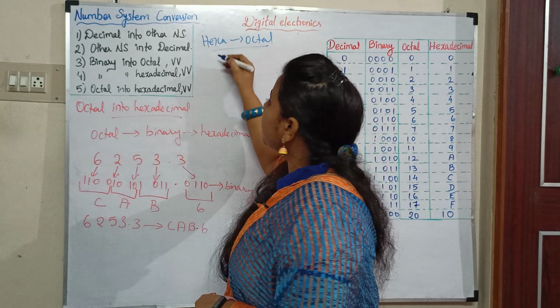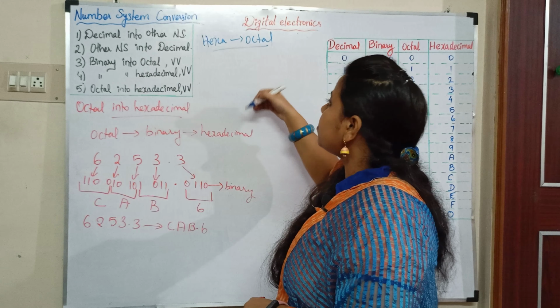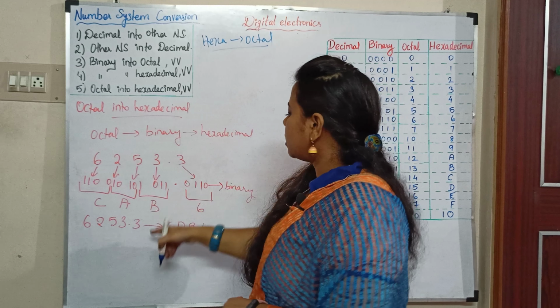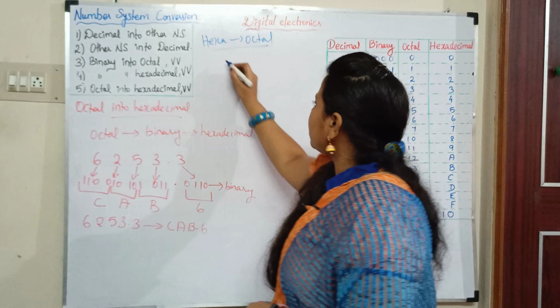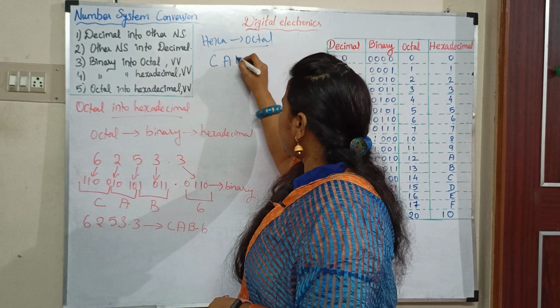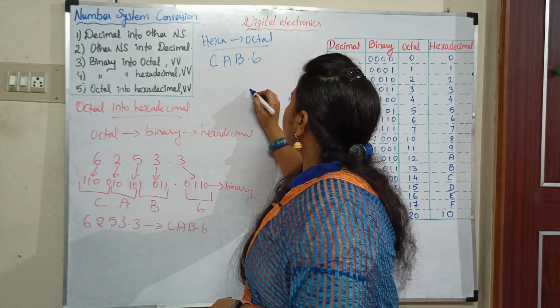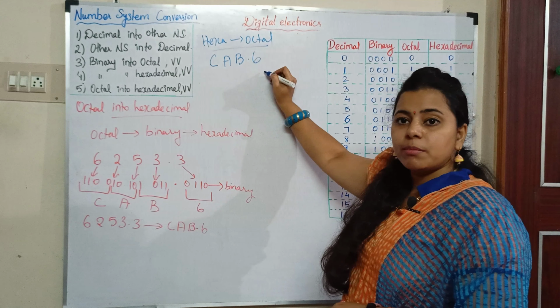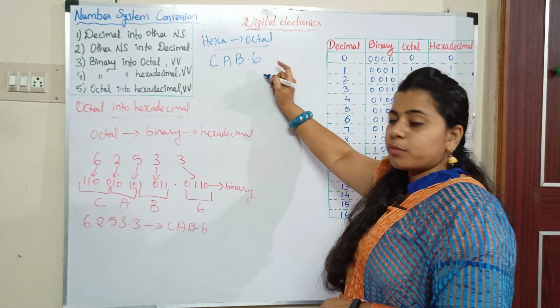Next, do the same thing for hexadecimal into octal. First you have to convert hexadecimal into binary and binary into octal. Now consider the same example, CAB.6. First you have to represent each digit by its equivalent 4 bits.